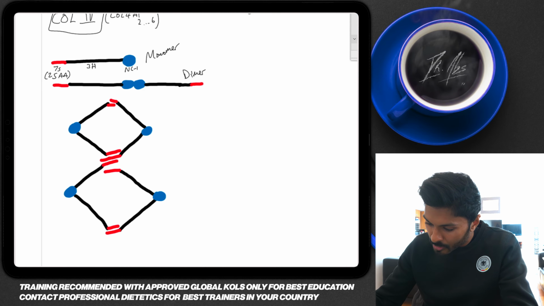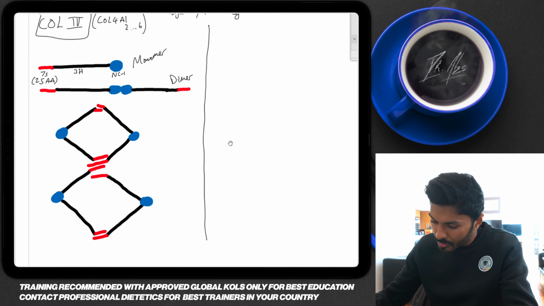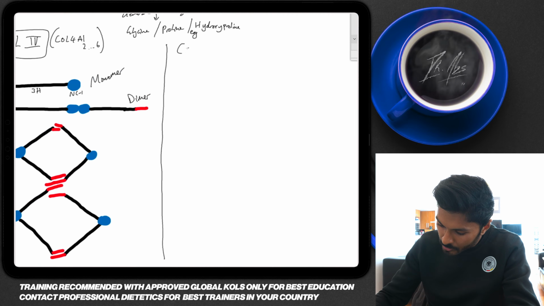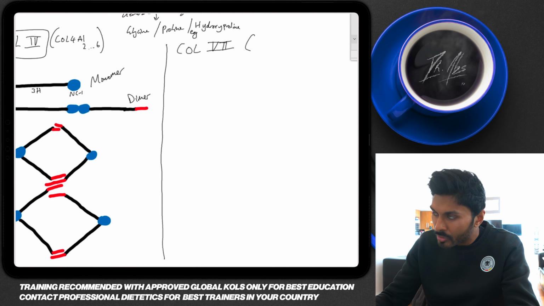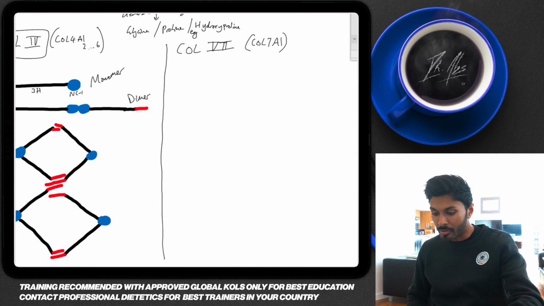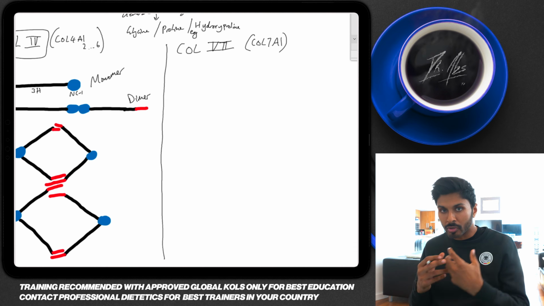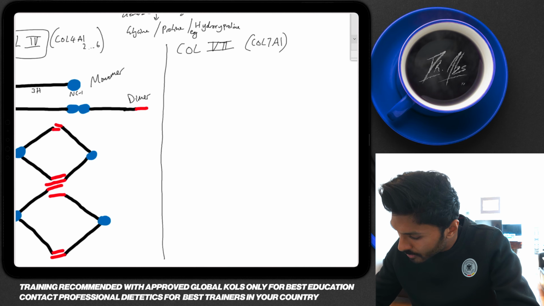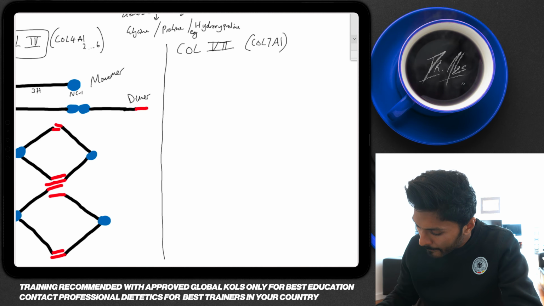If we look at collagen type 7 for a second, let's draw that over here. COL, collagen type 7. This is made using the COL7A1 gene. There's only one gene for collagen type 7, and you can see that in its much simpler structure. So let's draw that out here.